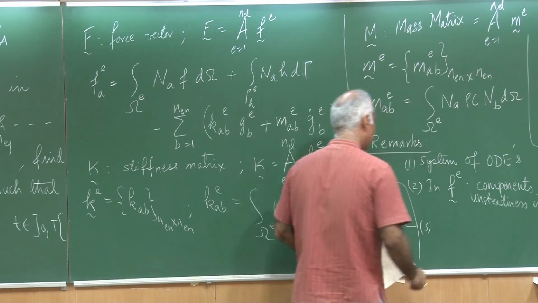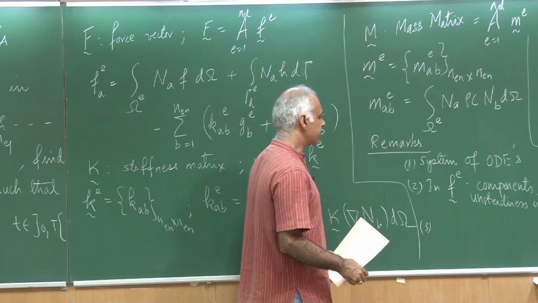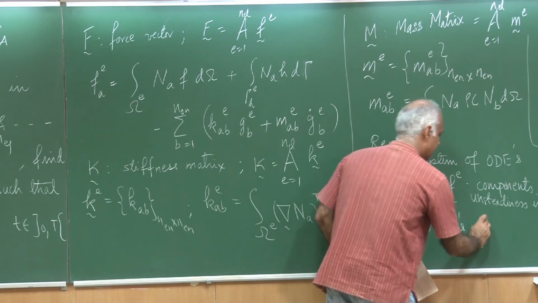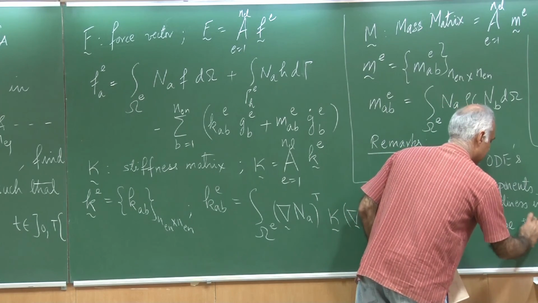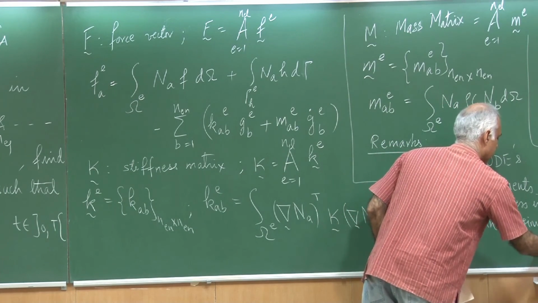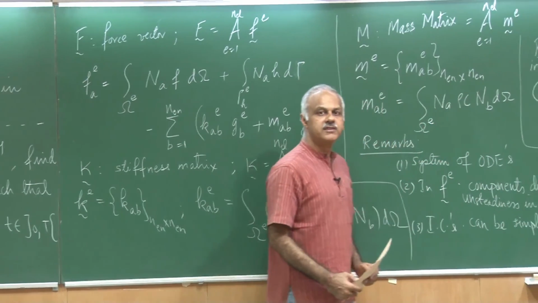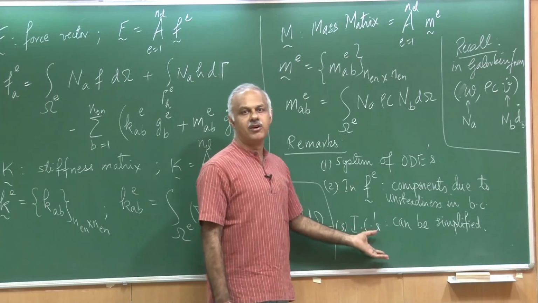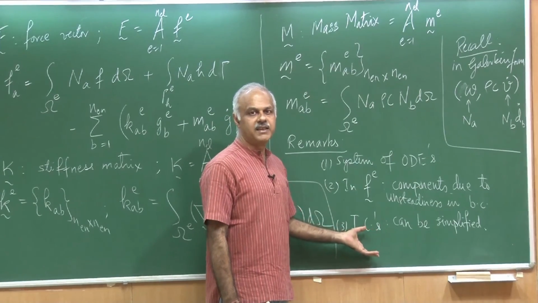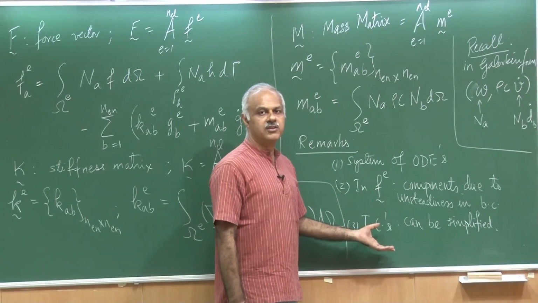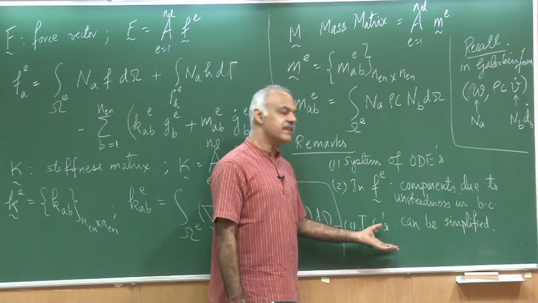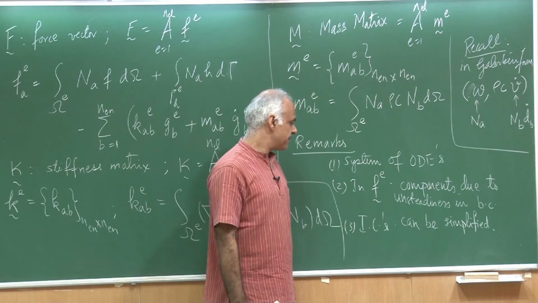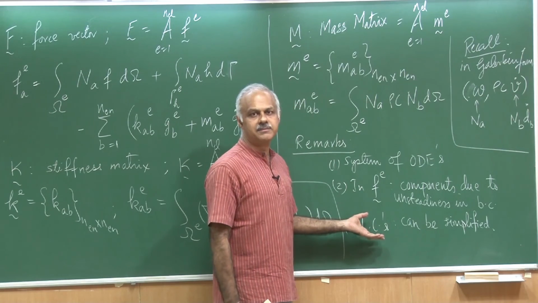The third remark that we would like to make is that as far as the initial conditions are concerned, they can be simplified. We had proposed that to specify the initial condition, we would write the weak form of the initial condition. So, we had something like W times rho c of u at t equal to 0 is equal to a certain right hand side, and that can be a little bit cumbersome.